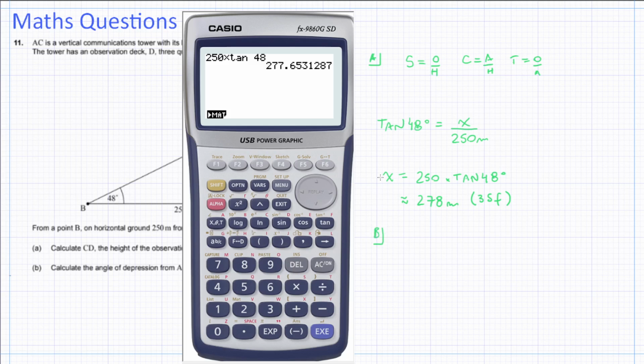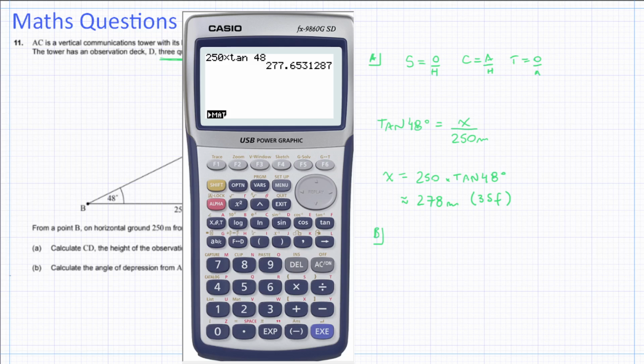Now for letter B, if you go back to the question, you're told that the observation deck is 3/4 of the way to the top of the tower. So this part here would be a quarter of the total.